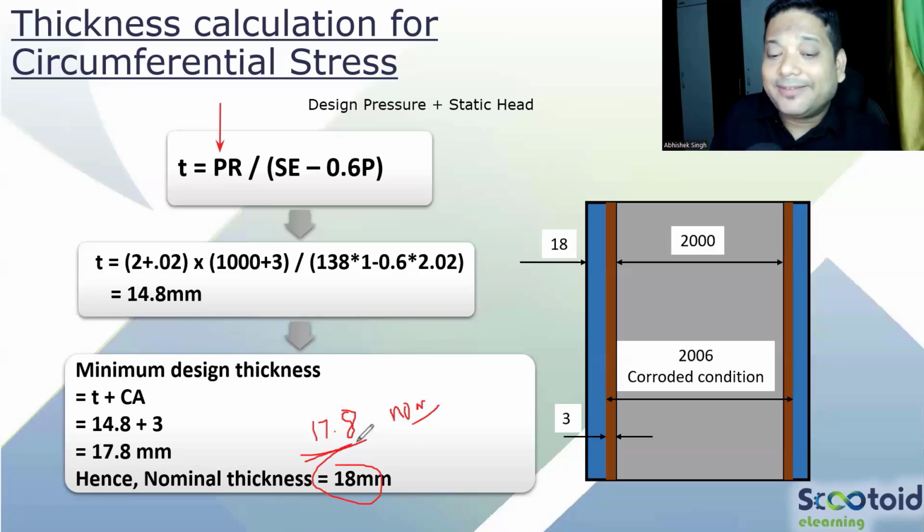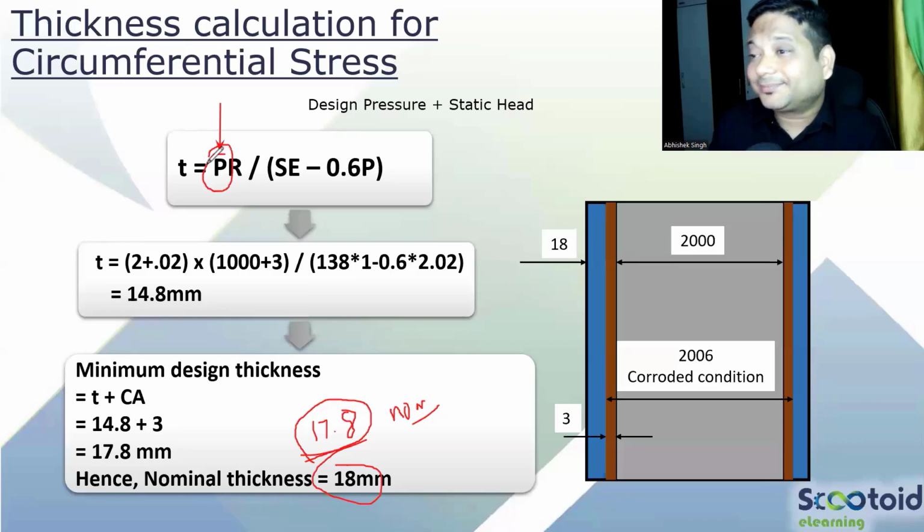Now, if I'm using a 17.8 mm plate, can I say that this pressure is the maximum pressure which the vessel can take? If I got a plate of exactly 17.8 mm, can I say that this is the maximum pressure my vessel can take? Any doubt in that?